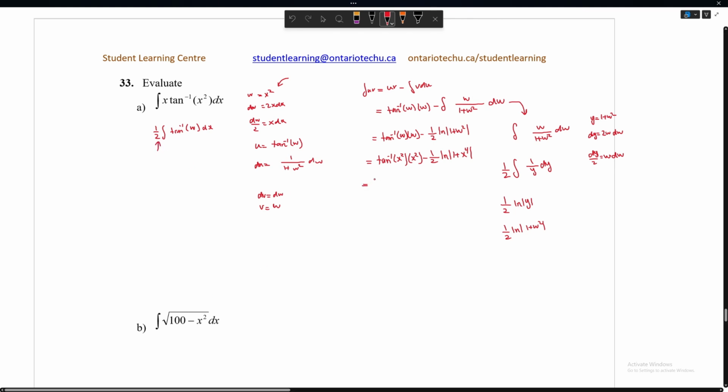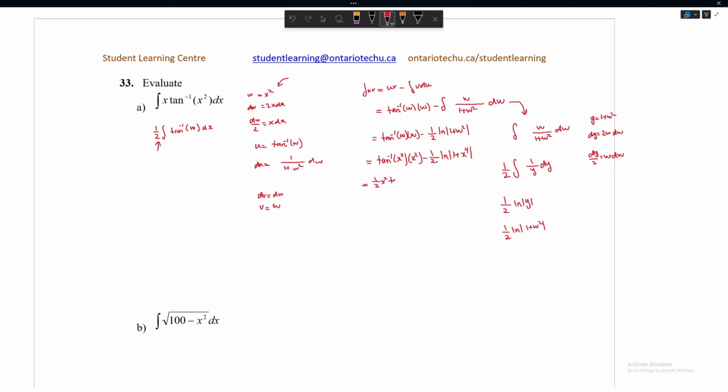And so this is actually 1 over 2 x squared tan inverse x squared minus, obviously multiply in, 1 over 4 ln 1 plus x to the 4. There you go. Now you can simplify this technically and get a common denominator and all that, but we'll leave it there.